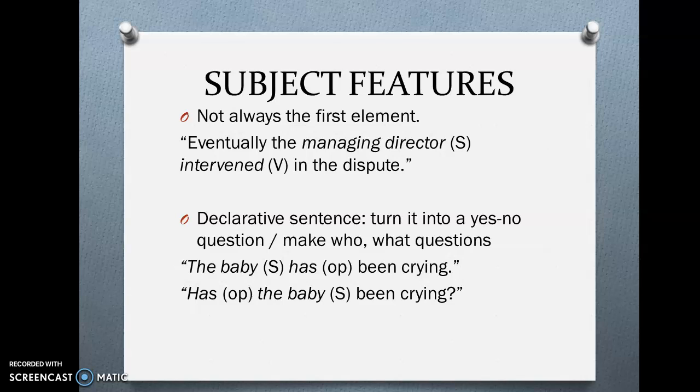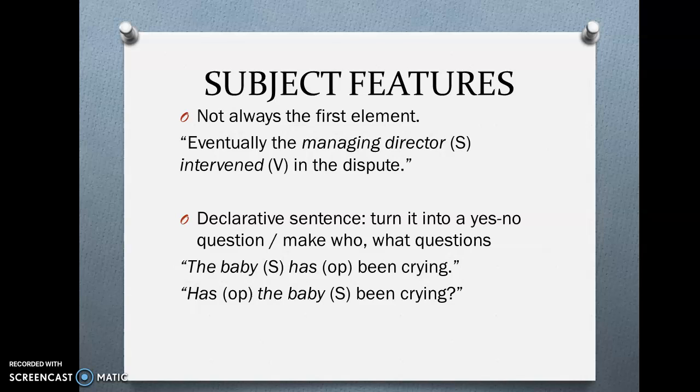So in this case, the subject is clearly not eventually, because eventually is an adverbial and I can omit it, I can take it out, and the sentence still makes perfect sense. In a declarative sentence, if I want to find the subject, I could turn this declarative statement into a yes/no question, or make who or what questions.